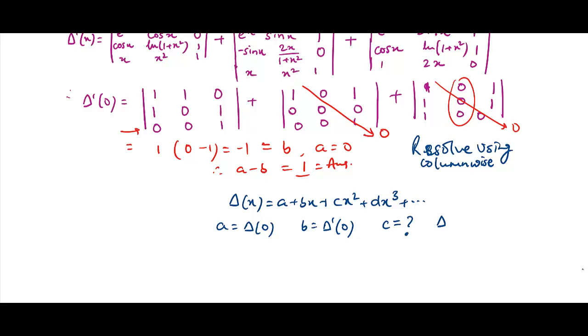Is it delta double dash 0 or something else? Just think about it carefully. I give the hint, it is not equal to delta double dash 0, it is something else. Then looking at the pattern, try to think about the value of d also. The value of d is also not equal to delta triple dash 0, it is something else. I just want you to think about them because they might appear in the problem.